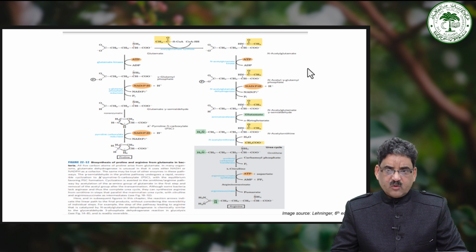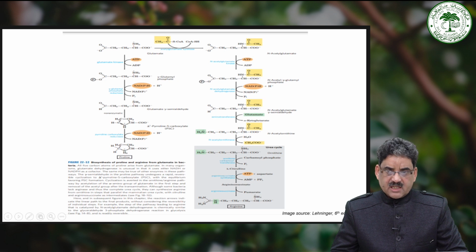Bacteria have a de novo biosynthetic pathway for ornithine and arginine, mirroring some steps of the proline pathway, but incorporating two additional steps.